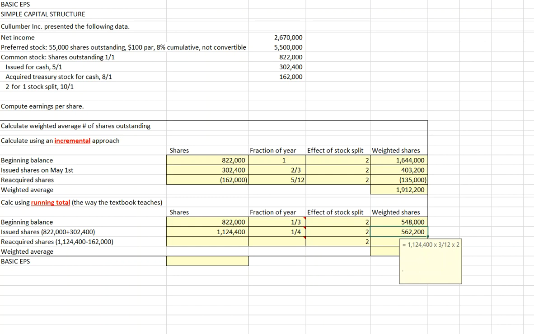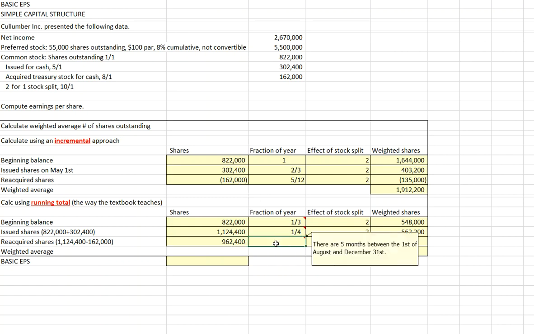Finally, on August 1st, we reacquire 162,000 shares. So our weighted average, or our shares outstanding effective August 1, is the 962,400 shares. And these, of course, are outstanding for 5 months, from August 1st to December 31st. In terms of our weighted average shares calculation then, we'll take those 962,400 shares.